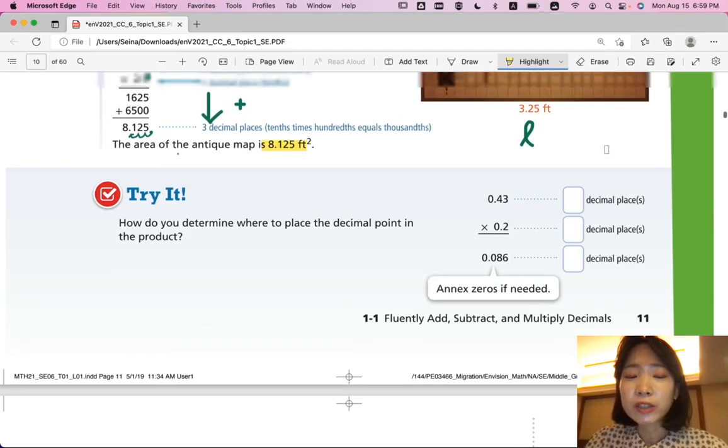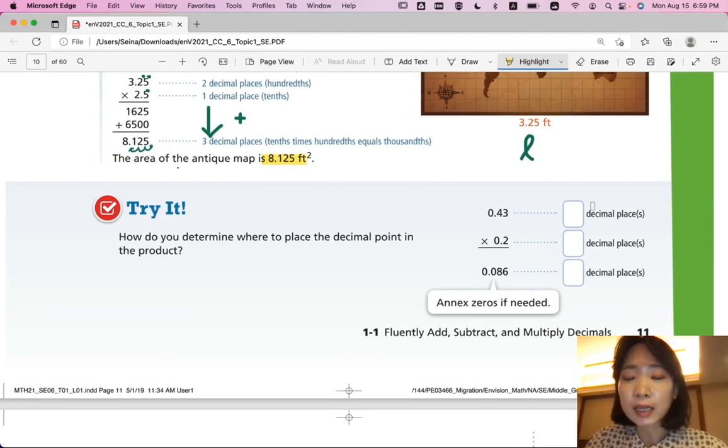How do you determine where to place the decimal point in this product? The product is already given. How do you count the decimal place? You count the digit. You do not have to annex any zeros. You just count the digit. So 4.3 has 2 decimal places.